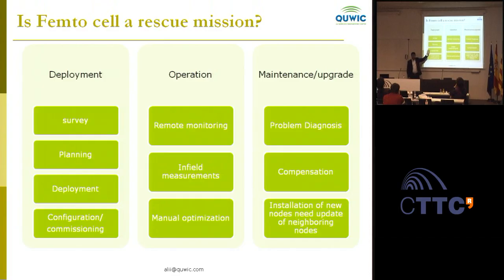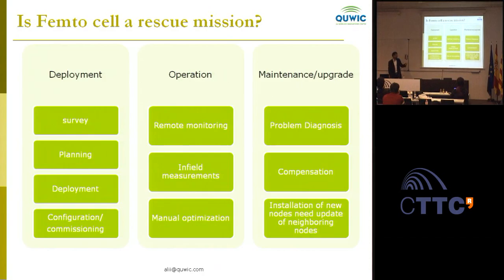You send your engineers, they install base stations, and then you send more smart engineers, they configure and commission base stations. Then it comes to operation, and you have to always remotely monitor your network, and also do some in-field measurements off and on.